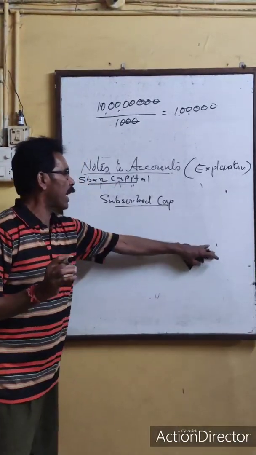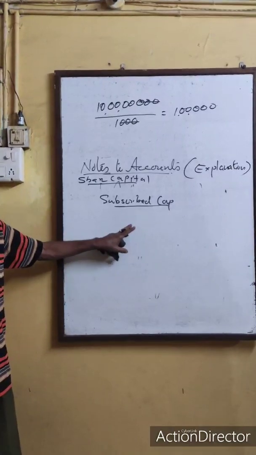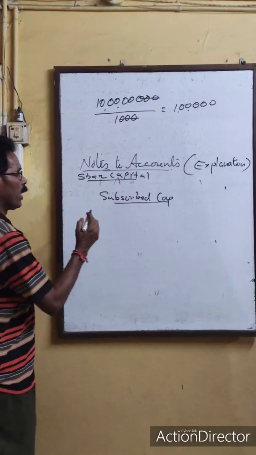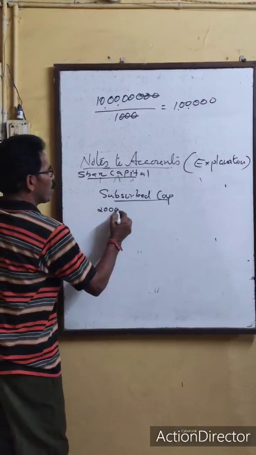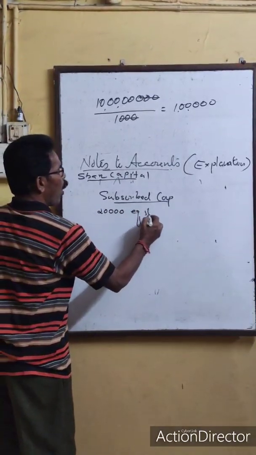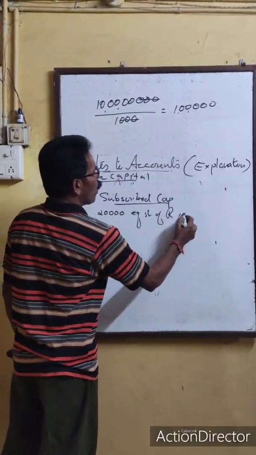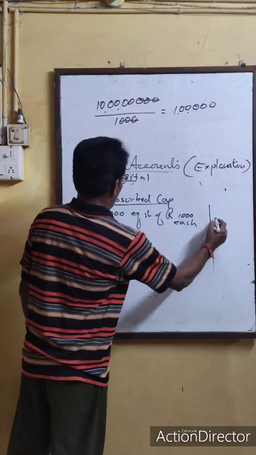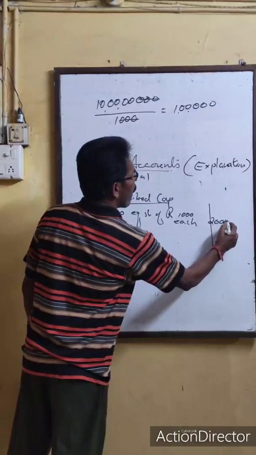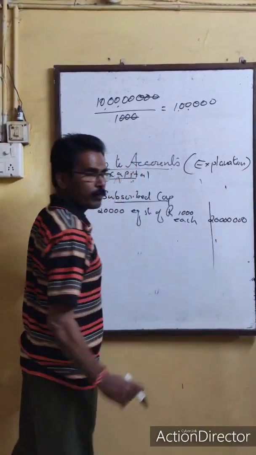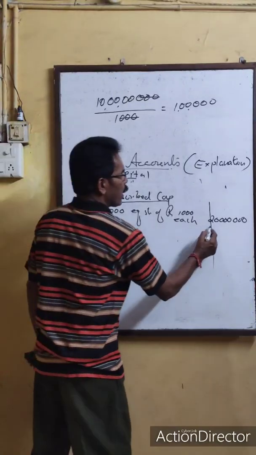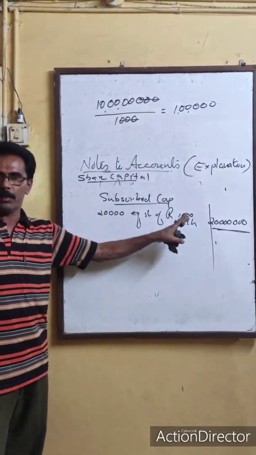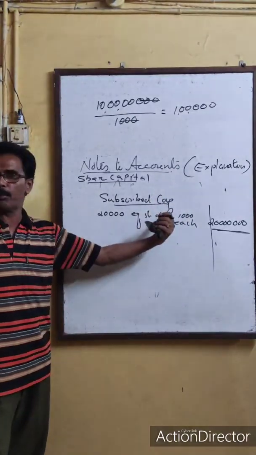For example, we assume that all 20,000 shares were taken, then we will say 20,000 equity shares of rupees 1000 each. The amount will be shown. In that way we are showing that this is the amount purchased by the public, the subscribed capital.